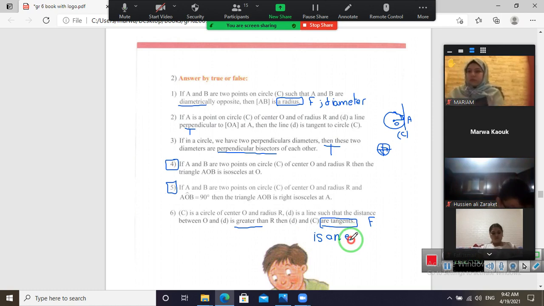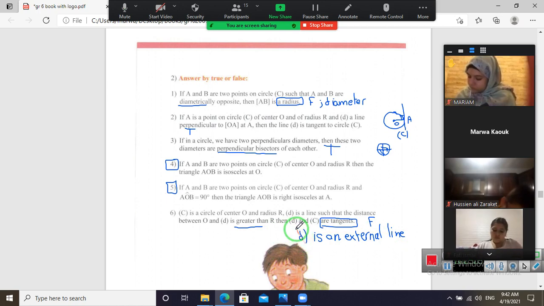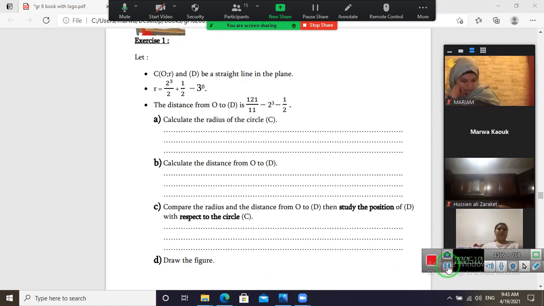External or exterior line, the two words are correct, since the distance is greater than the radius. You should memorize the word distance: from where to where. D is an external line. Is it clear?